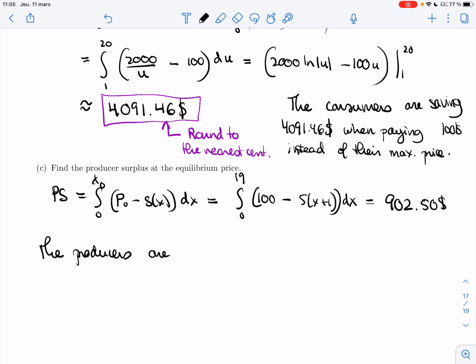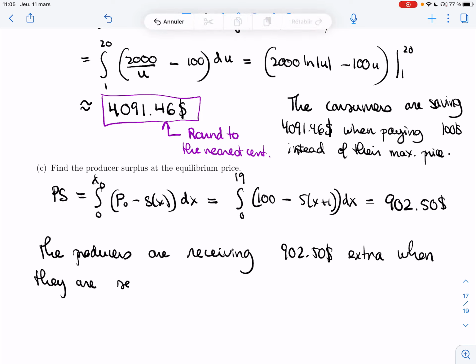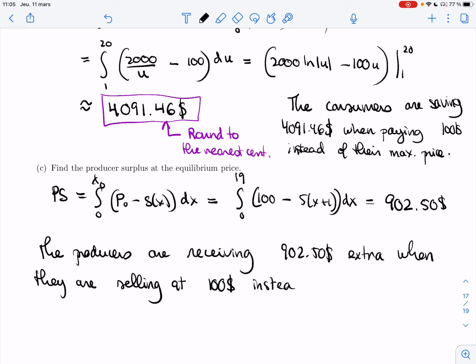The producers are earning $902.50 extra when they are selling at $100 instead of their bottom price, instead of the minimum that they were willing to take.